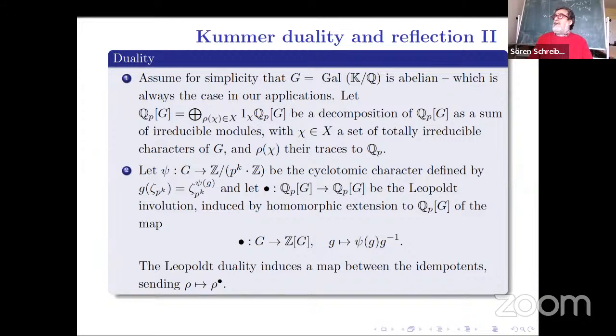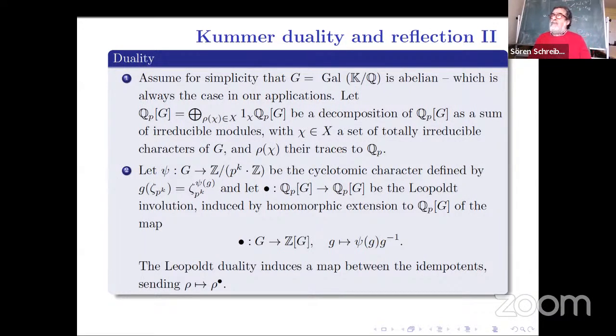It is the generalized shape of what in Iwasawa theory we used to call the Iwasawa involution. It is defined as this: you define it on G by sending G to psi of G times G to the -1, and then continue it to an automorphism of QPG. This is the involution, and it's not written here. I tell it in words.